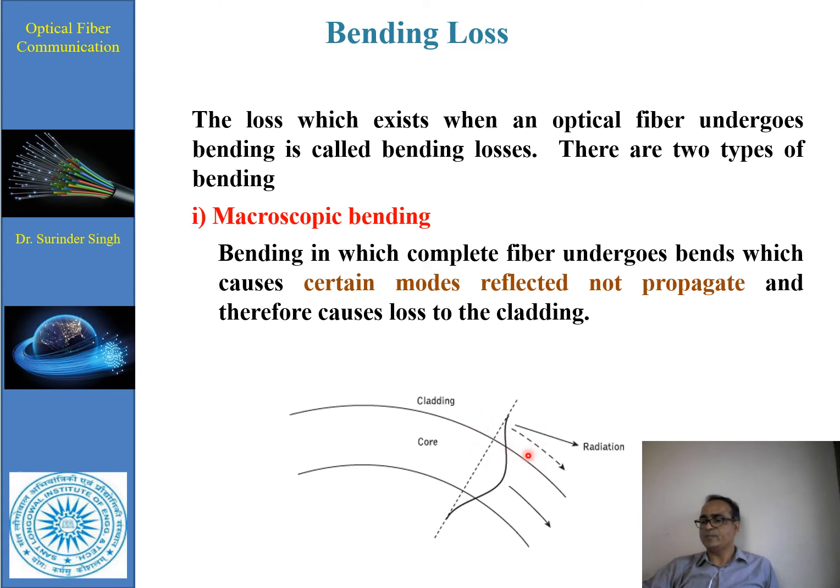So it depends only on the field which is moving outside. The attenuation is caused by some factor, say C1 exponential of minus C2 into R. As we reduce the radius of curvature, the attenuation goes on increasing.